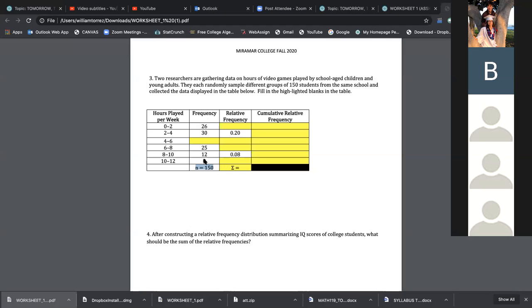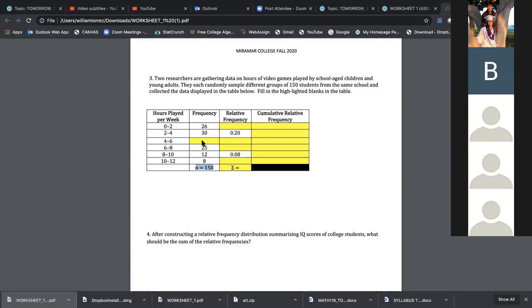Okay, and 89 and 12 is 101. Okay, so that's 101. So what should this blank frequency be here? 49, good. Okay, because the total column here adds up to 150.